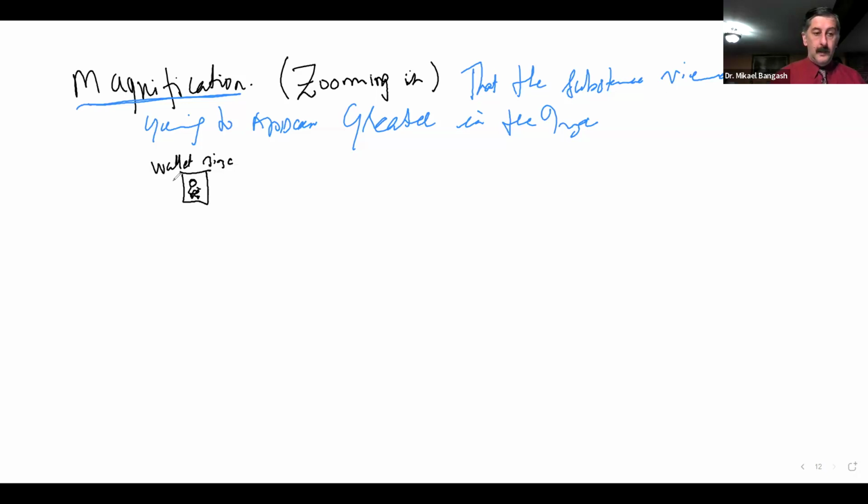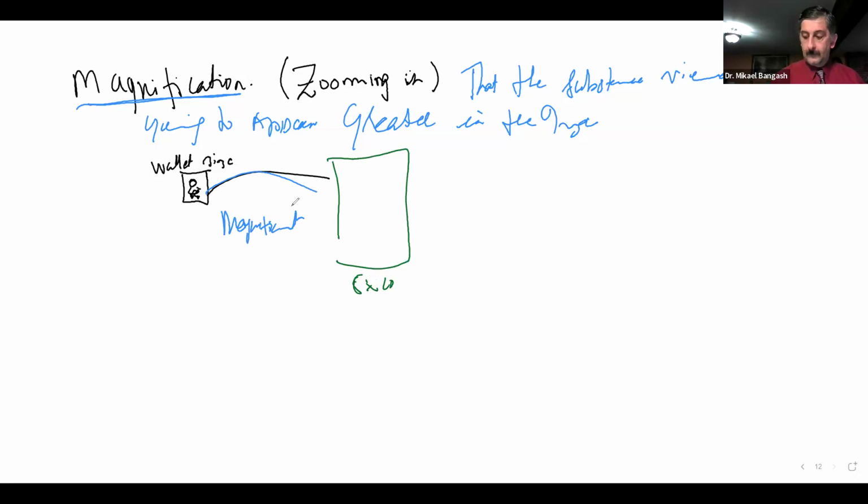And mainly converting this wallet size image here into, let's say, 8 by 10, that is going to be a process of magnification. Is that clear?